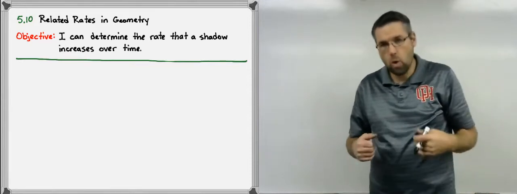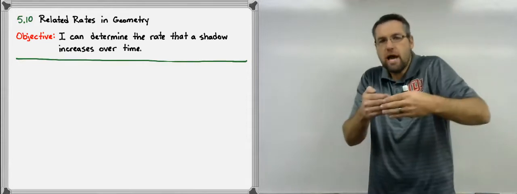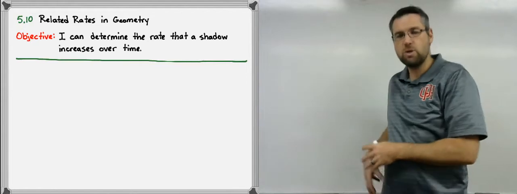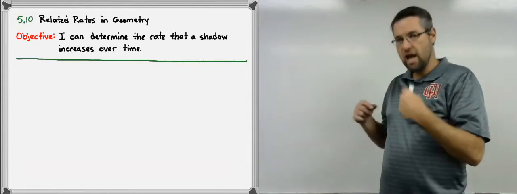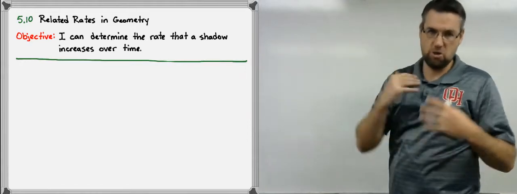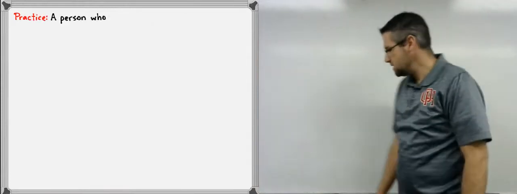Well, if you walk away from that light, you see your shadow getting bigger, but you don't see a shadow behind you. There's no shadow between you and the light. There's a shadow that's formed by you from the light being blocked by you, in a sense. And so we are going to explore that idea with related rates today.